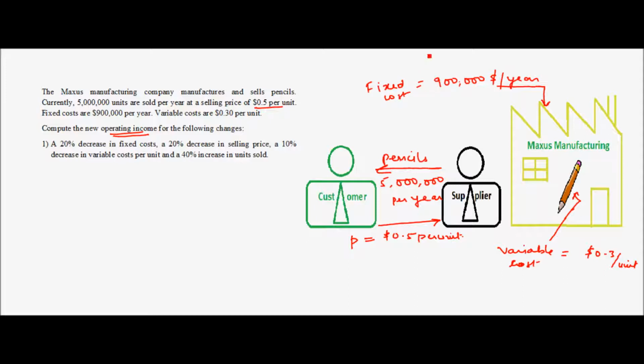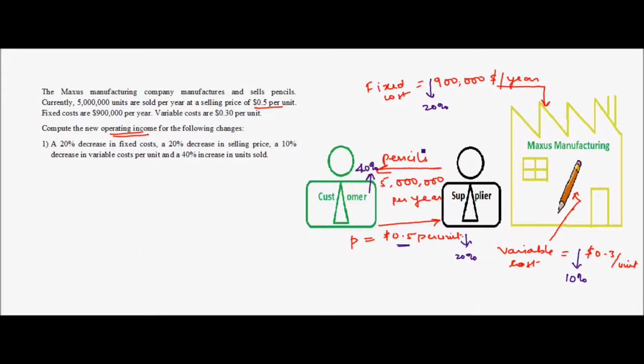So this is going down by 20%. A 20% decrease in selling price. So this selling price is also going down by 20%. A 10% decrease in the variable cost per unit. So this is also down by 10%. And a 40% increase in units sold. So this unit sold is actually going up by 40%.